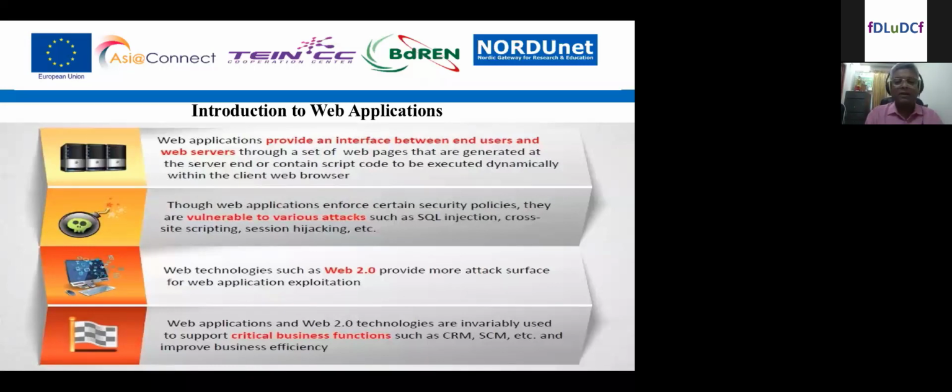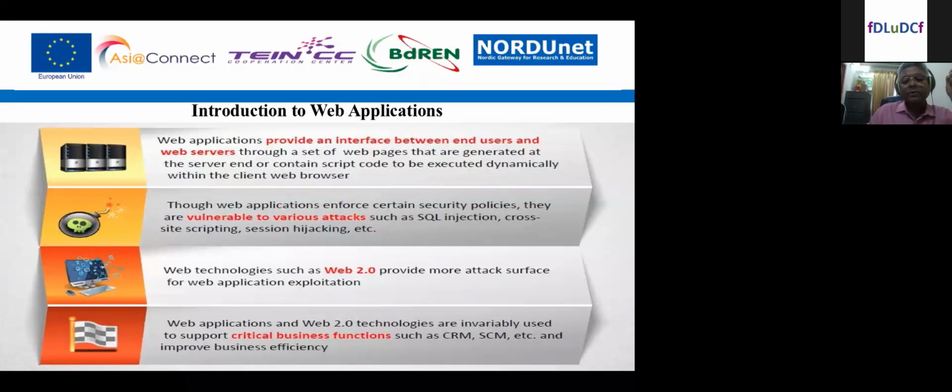There are some vulnerabilities in the web application, and the attacker tries to find the vulnerabilities and uses them to attack the victims. So what type of attack do they do? They do SQL injection, they do cross-site scripting, and as well as session hijacking.